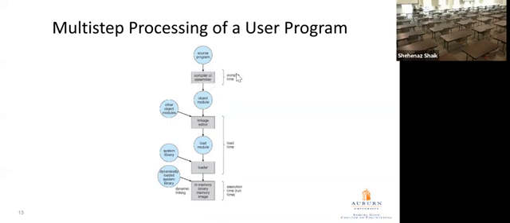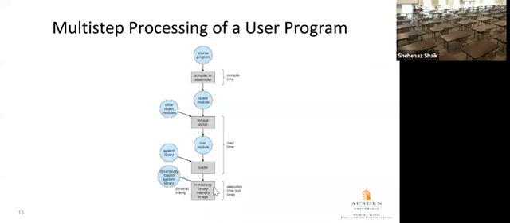So that is another option, and the third option would be to simply delay that binding, delay that conversion, until the actual time of execution, until each instruction is being executed.